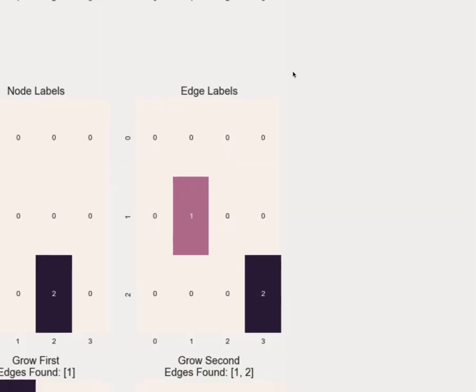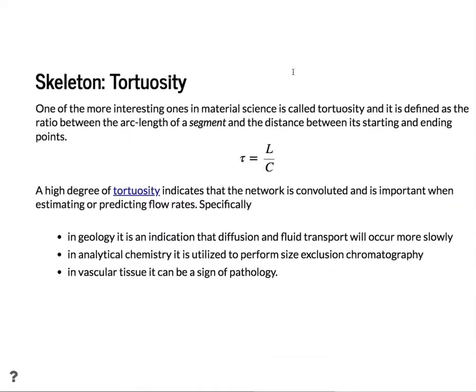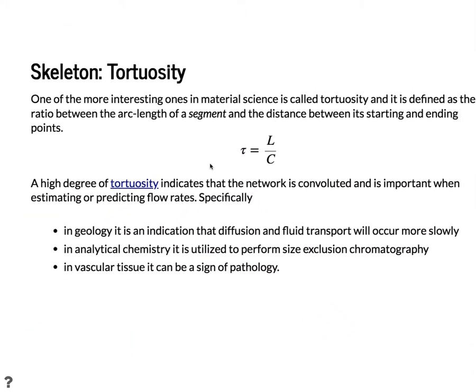So the straight line distance is much more direct than the actual arc length of our image. We can start to quantify that by measuring the ratio between this length and the arc length.